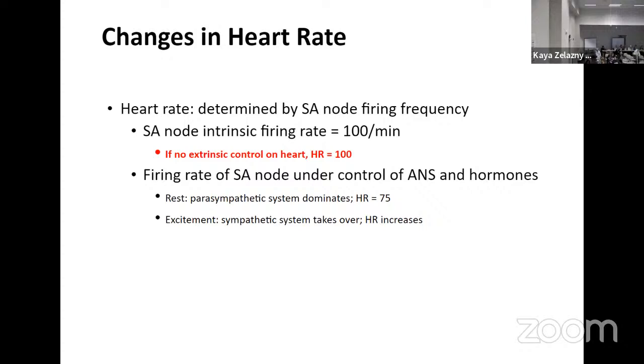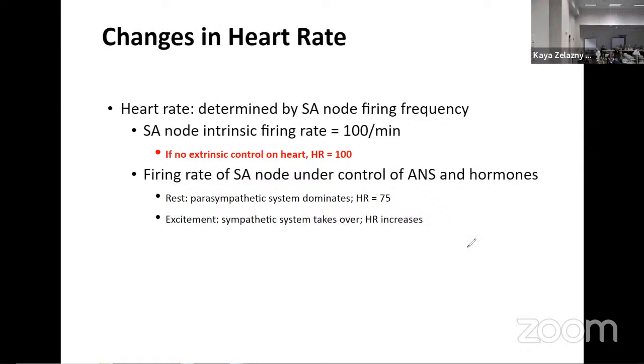So if you had no nerves going to your heart at all, you'd probably be dead, but also your heart rate would be 100 beats per minute. Now, this is not the case if you're just sitting down. Probably this is not your heart rate at the moment, although mine is 110 right now, so I have a little fear of public speaking, actually. Anyway, so 100 beats per minute is the baseline for the SA node, okay?